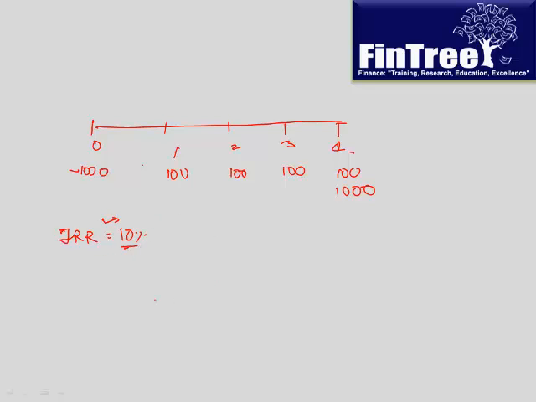Now, if you look at this logically, see what's happening here. When I receive these 100 at the end of year 1, I reinvest them again, for how many years? 1, 2 and 3.